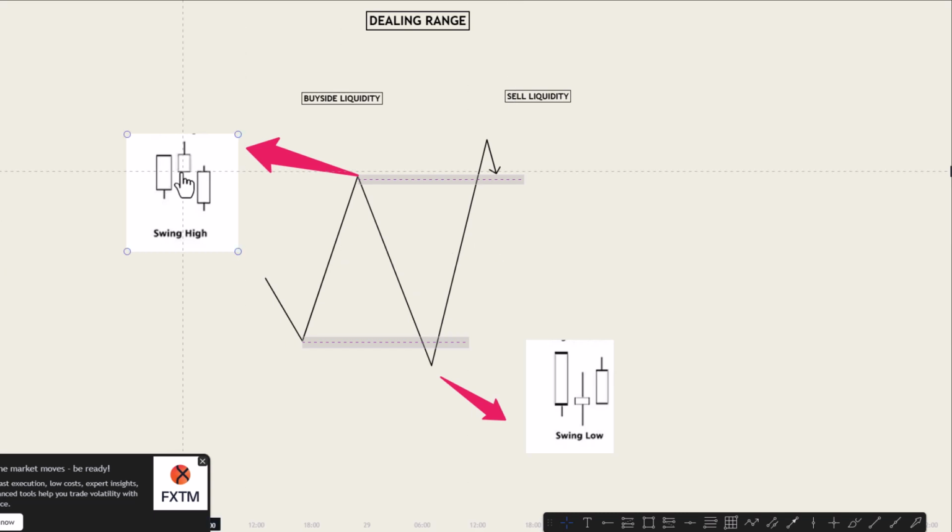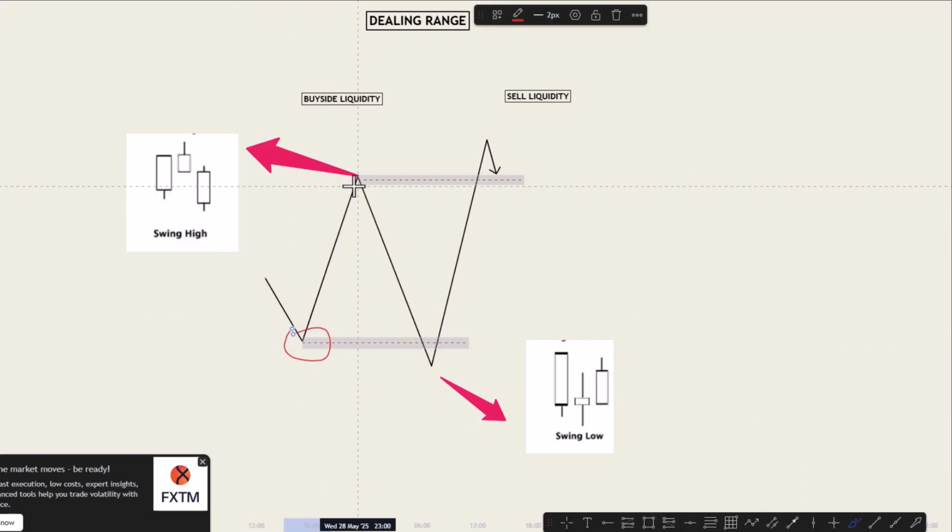And whenever you see a swing high and a swing low, there we have a pool of liquidity. And this pool of liquidity could be a buy side liquidity or a sell side liquidity. Now let's look at this depicted diagram here. We see here price hit a level and then we see bullish price. Those that bought from this level to this level have their stop loss at this level.